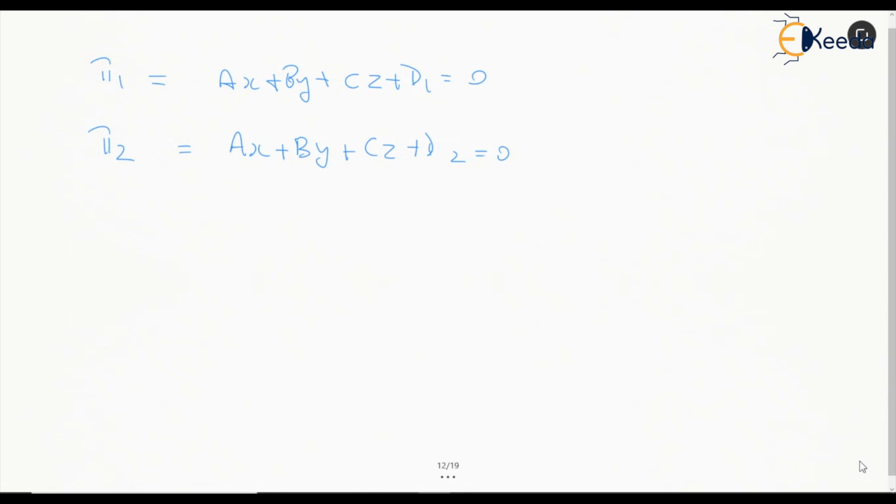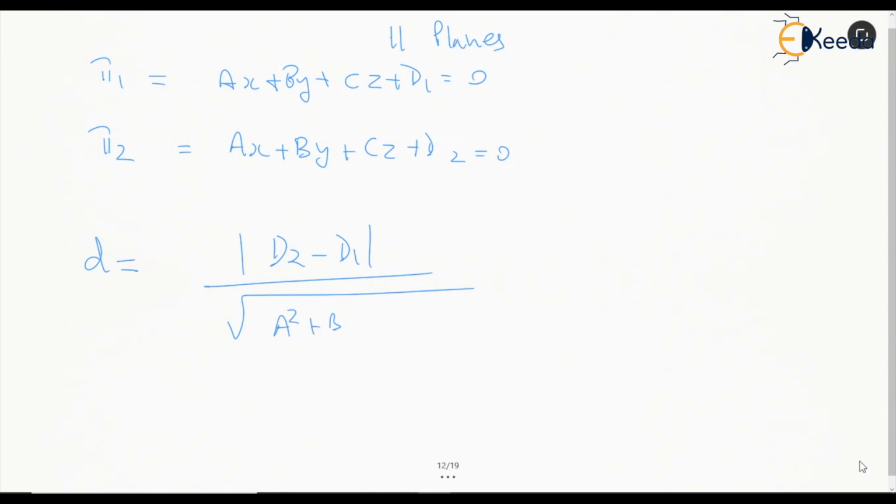These two are parallel planes. So the distance between these two planes, let's write small d, will be simply d2 minus d1 divided by the magnitude of this direction ratio, which is the square root of a square plus b square plus c square. That's it. This is about the planes which are parallel. So we have to find the difference of d1 and d2 and divide it by the direction ratios.